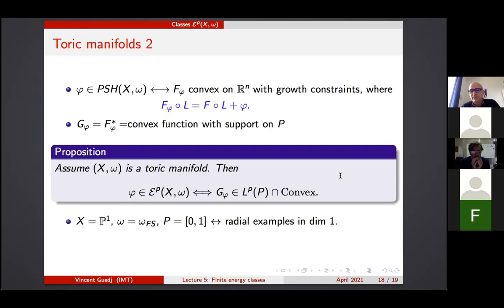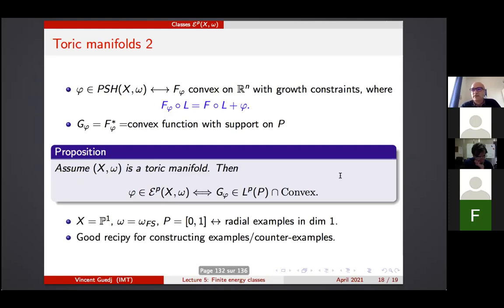Okay, so a very, very special case is when X is P1, so you're in complex dimension 1, then you are doing convex geometry on the unit interval 0, 1, and this corresponds to considering radial examples that I described a bit in lecture 3.